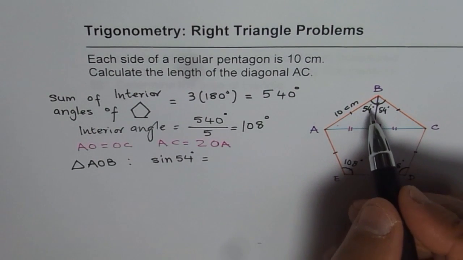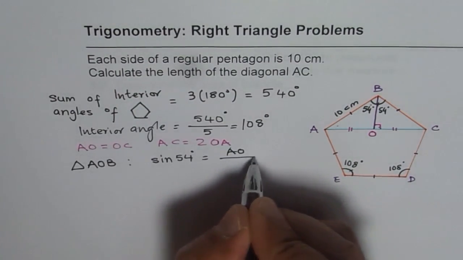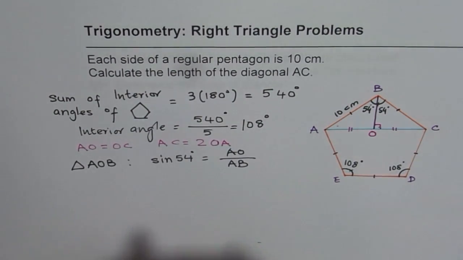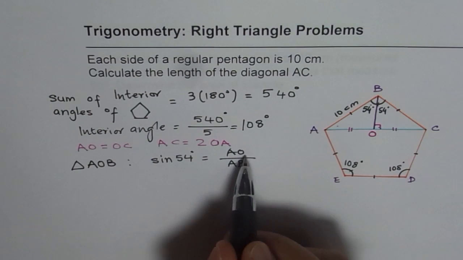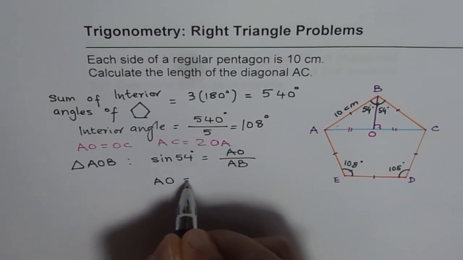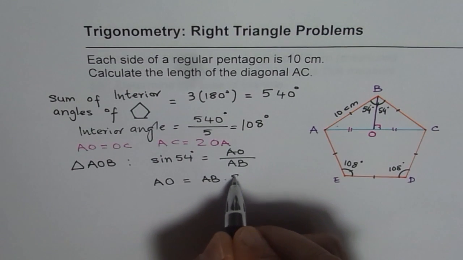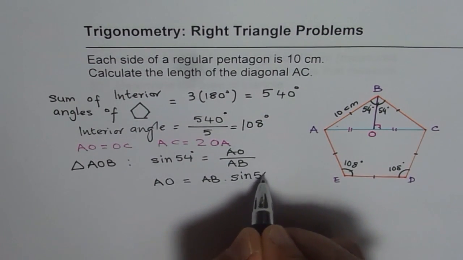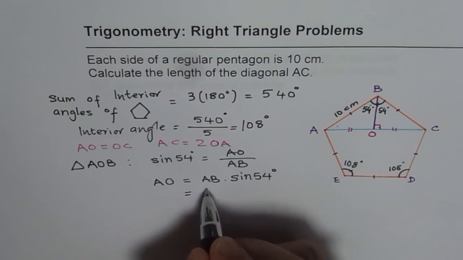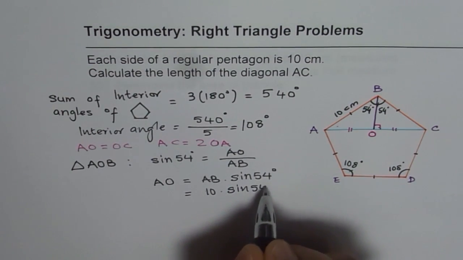Sine of 54 degrees will be the opposite side AO divided by the hypotenuse AB. Now from here we can find AO, right? So AO equals AB times sine of 54 degrees. AB is 10, right? So we can write 10 times sine of 54 degrees.